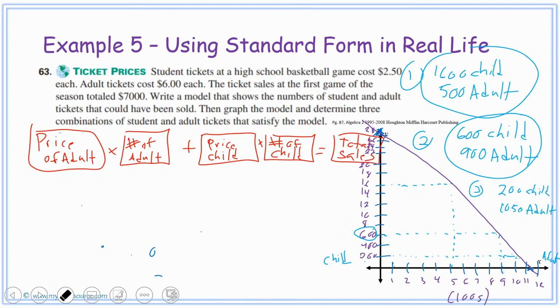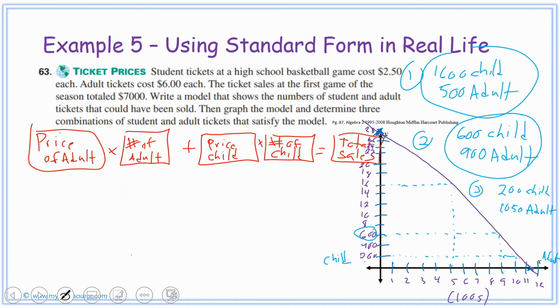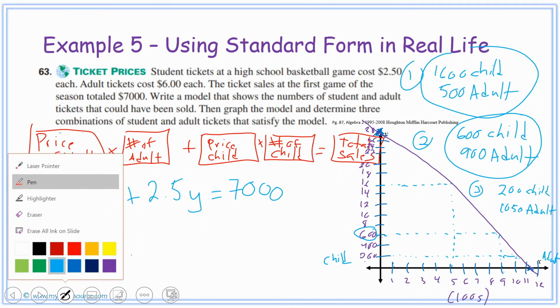I think it was 6x and 2.5. So we have the price of the adult was 6x plus 2.5y for student or child equals 7,000, which means if I was to pick these numbers, they should work. So let's try the first one.